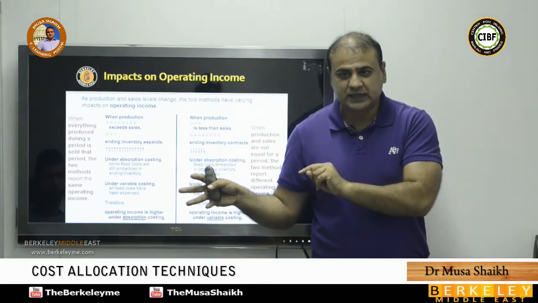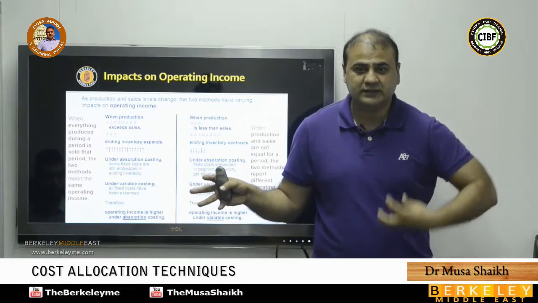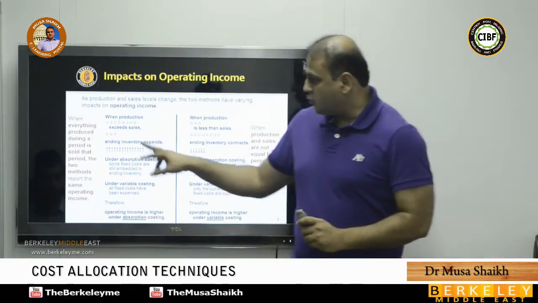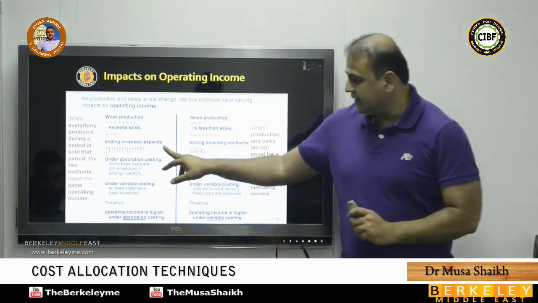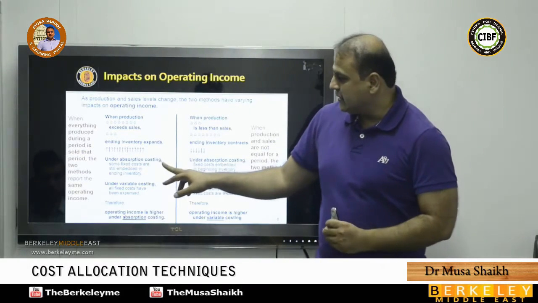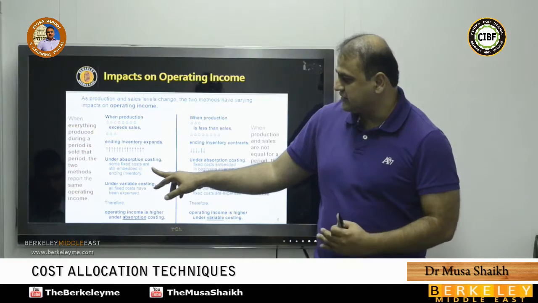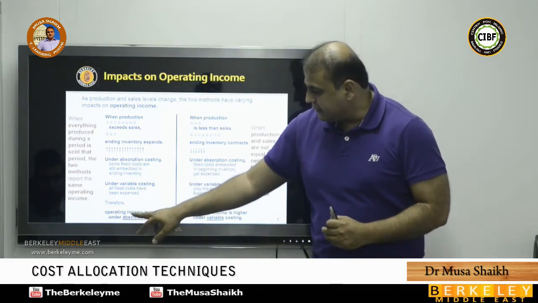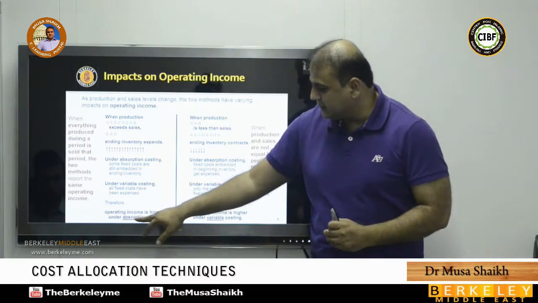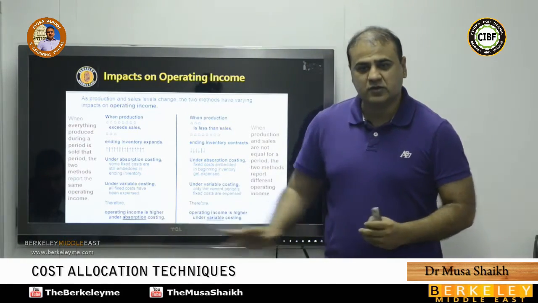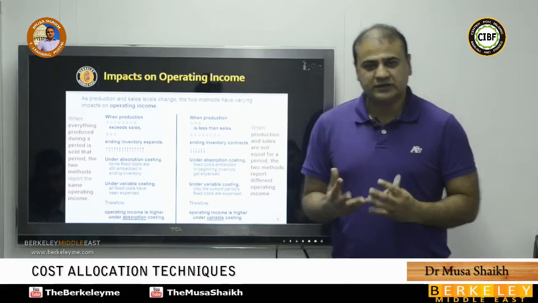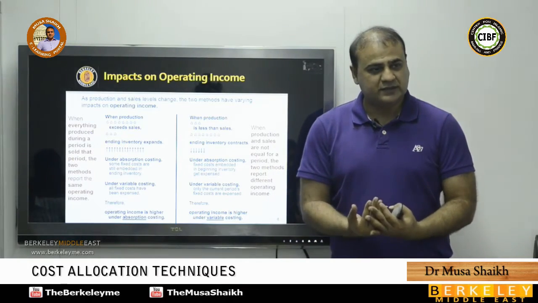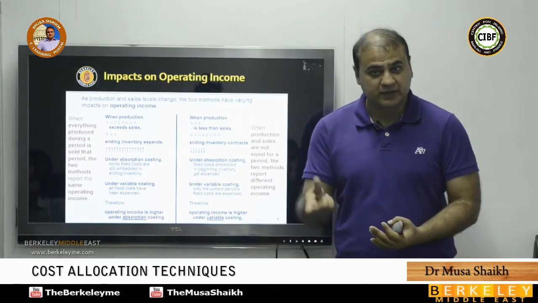When your cost is less, your profit is higher, right? So when production exceeds sales, ending inventory expands. Under absorption, fixed cost is embedded in the calculation, so operating income is higher under absorption costing, because closing stock, based on fixed plus variable cost, is reducing your cost of goods sold.